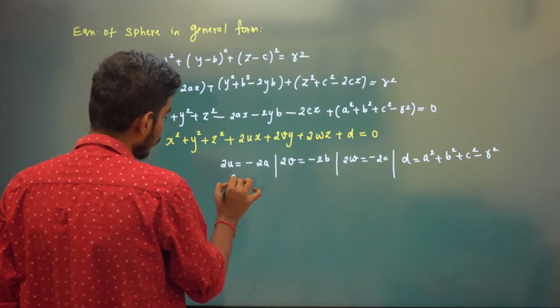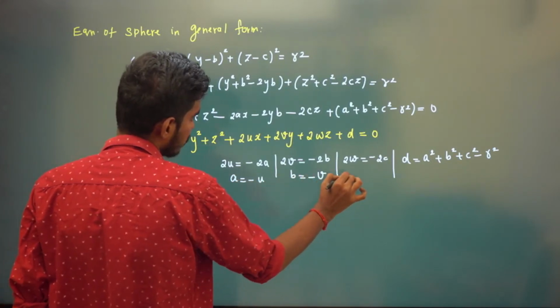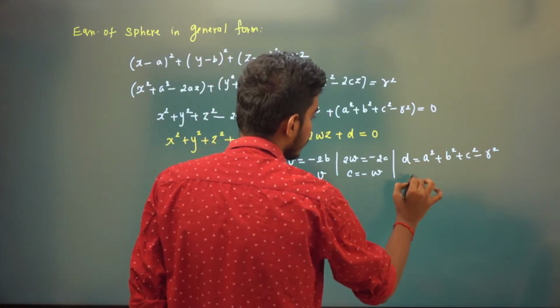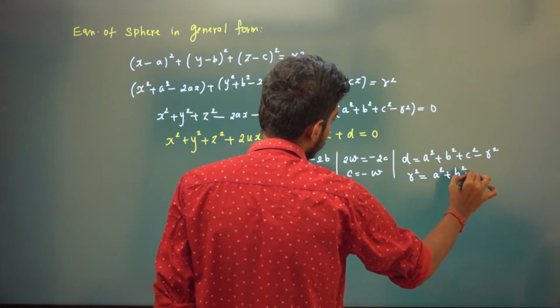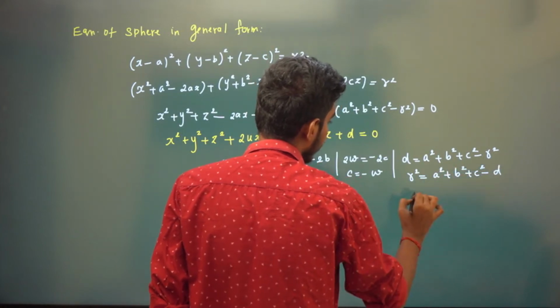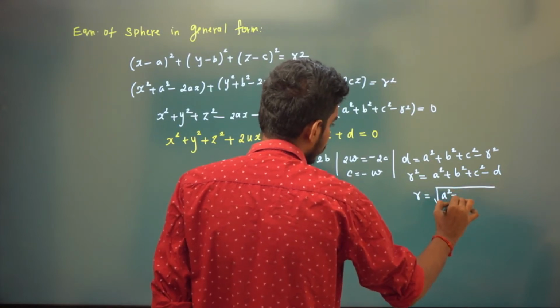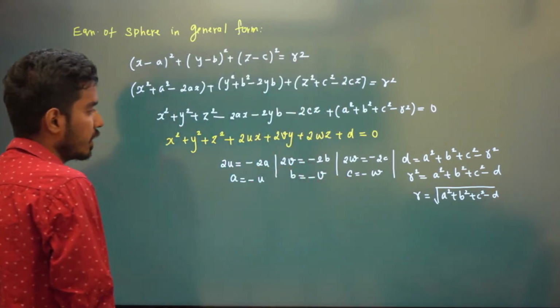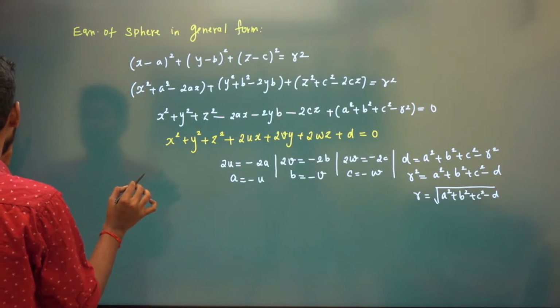We have a = −u, b = −v, c = −w, and you just bring this r² to this side. So you will have a² + b² + c² − d. So the radius is the square root of a² + b² + c² − d, right? Therefore this is the equation of a sphere in general form.